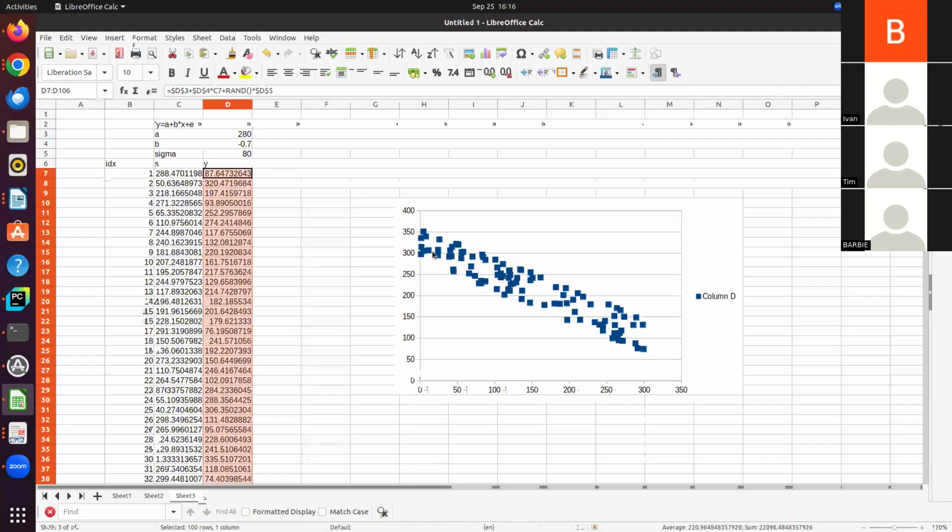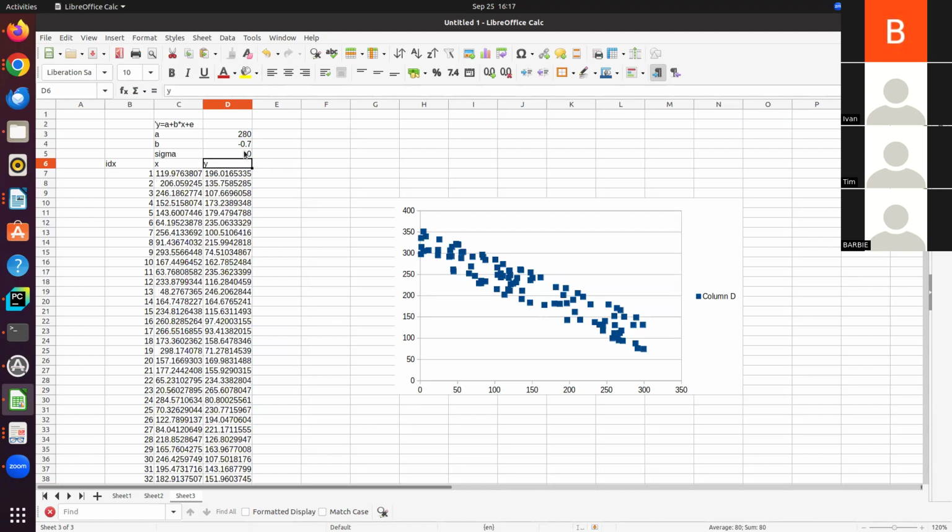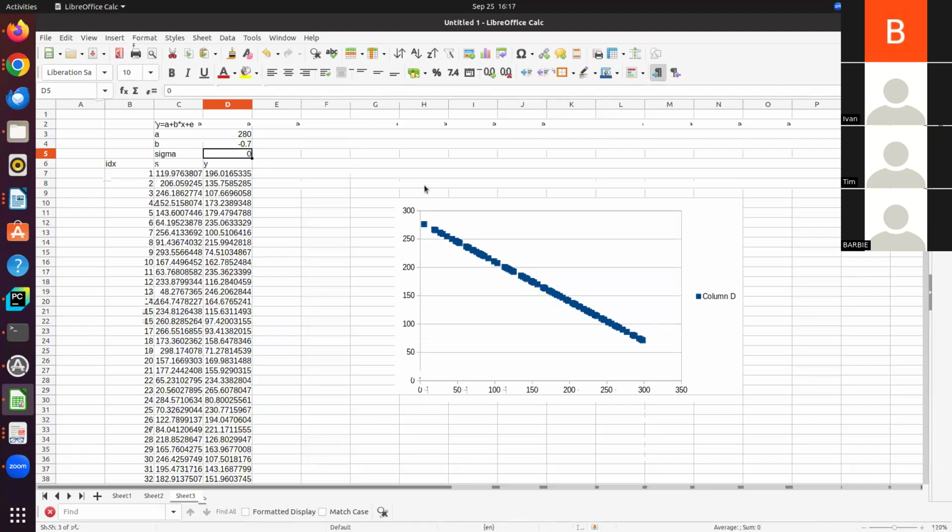It will copy down. Now it looks like it's going down, and all the dots are not exactly on a straight line. If I put this one equal to 0, it will be an exactly straight line. The more I change this one, the more it will move the points away from that straight line. Fair enough, so far so good, guys?